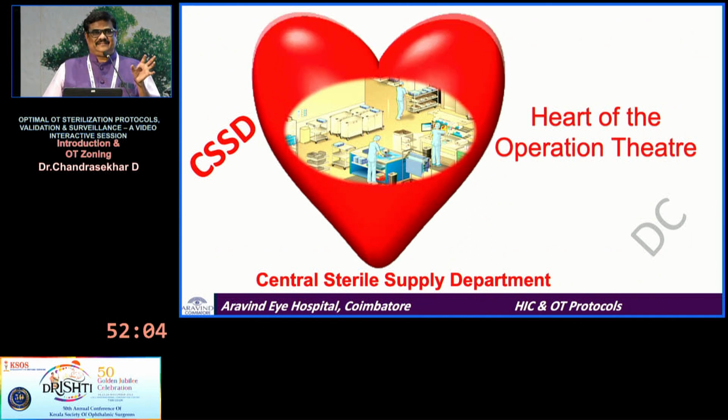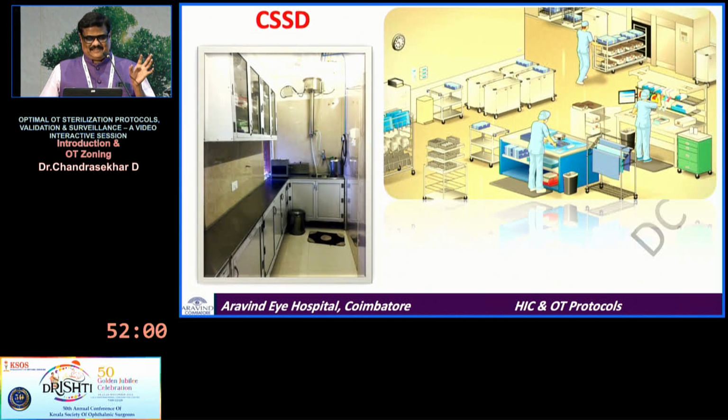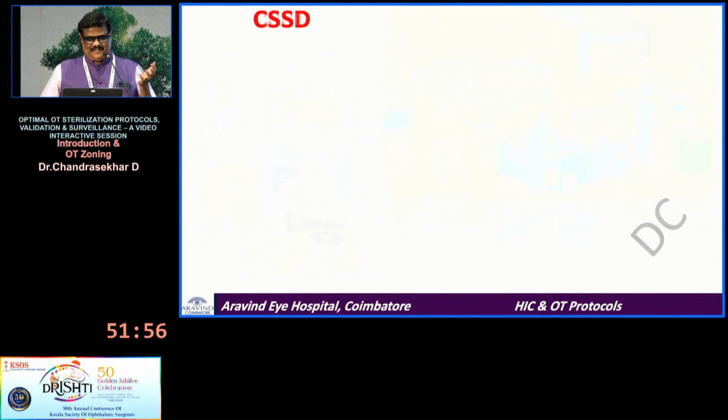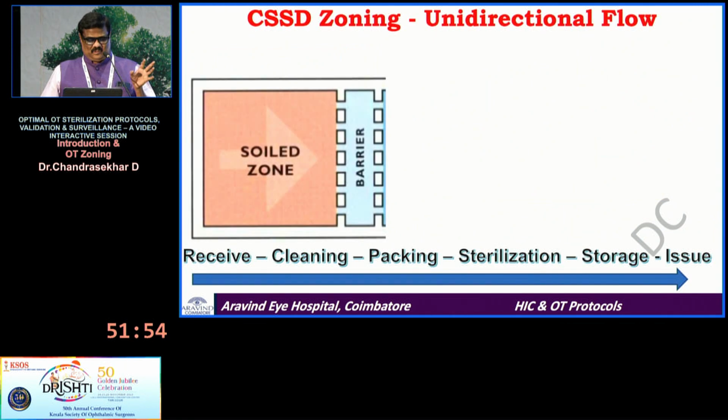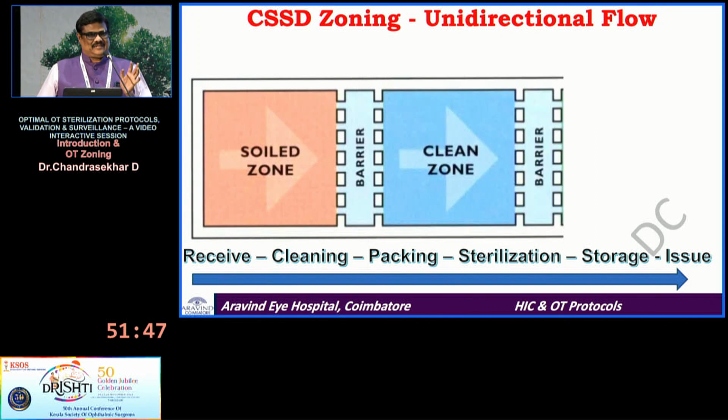The heart of the theatre is the CSSD. So you all understand now, the CSSD can be done even in a small single theatre complex or a multi-theatre complex. There are three zones. One is where you receive the soiled zone, used items, then there will be a barrier, then it comes to the cleaning zone where you clean it. Where you receive the soiled or used items, you can do all the inspections and take off all the unwanted things.